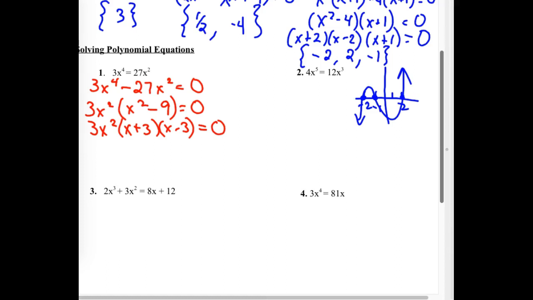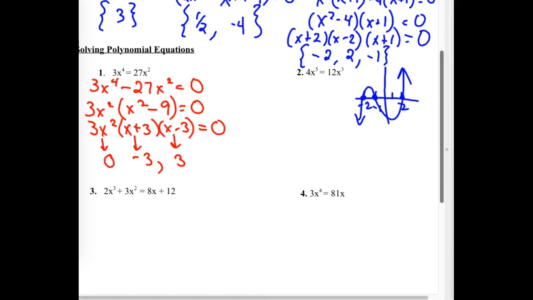What's the degree of this one? Of the original problem? It's degree 4, which means we should be accounting for 4 zeros, right? When I look at this, I have a 0 here of 3. I have a 0 here of -3. What about here? It's just a 0, yes?